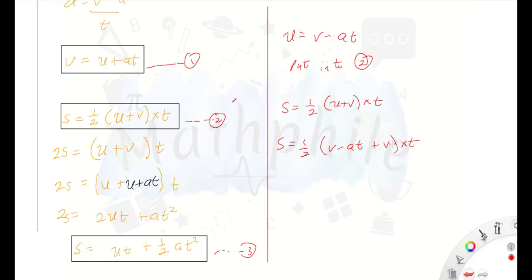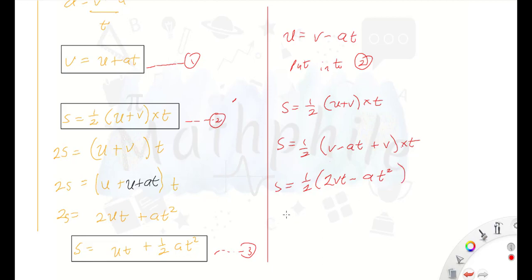Can you follow me? Yes, please. Okay, good. I can now simplify this further. Take out 1 over 2. There is v, so I can write this as 2v minus at. But because of the t outside, let me just multiply through straight away. So this becomes 2vt minus at squared. Is that okay with you?